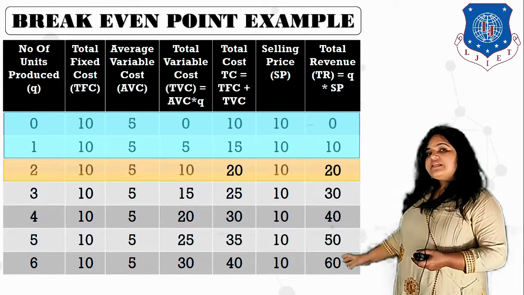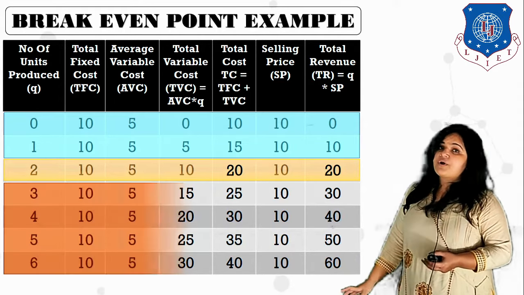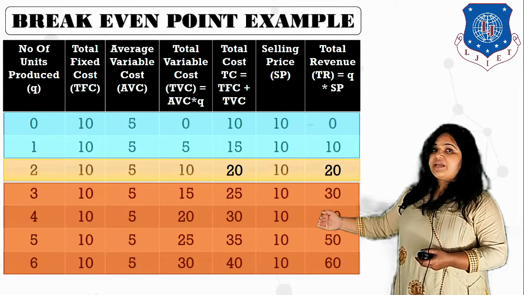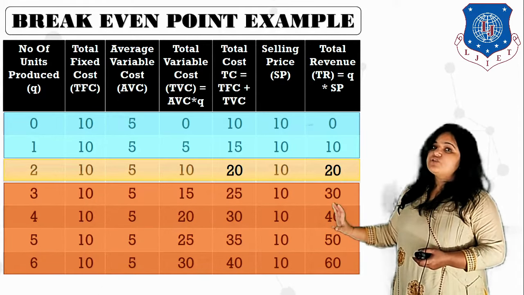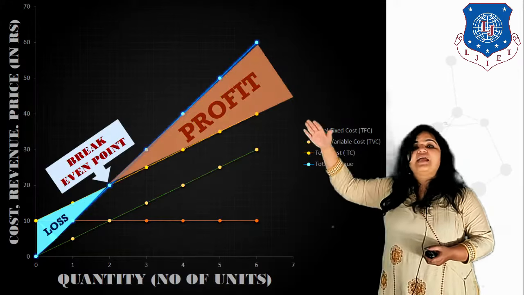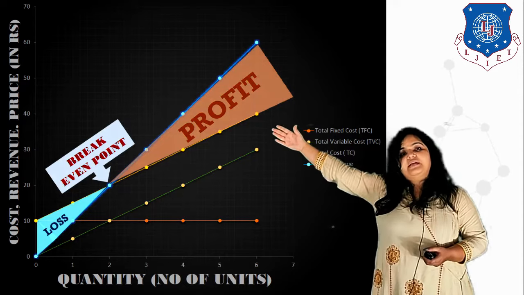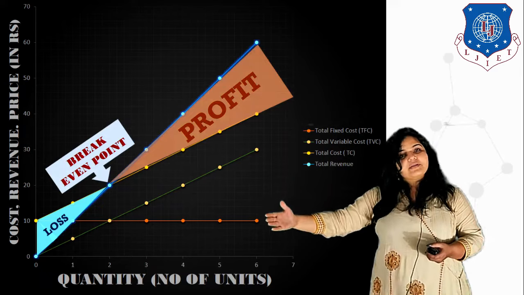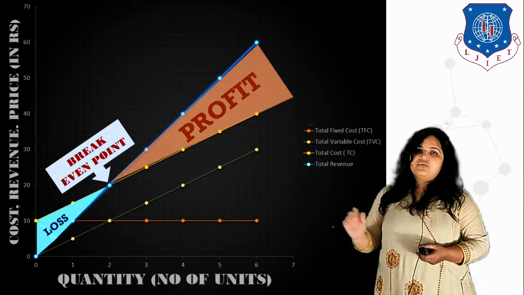At all these points, I am making profit. This area below the break-even point in this table shows us profit, and this will be shown in the graph above the break-even point. At all these points we have profit, and below the break-even point we have loss.